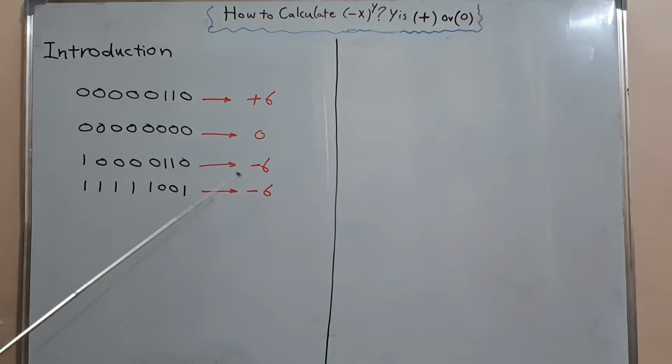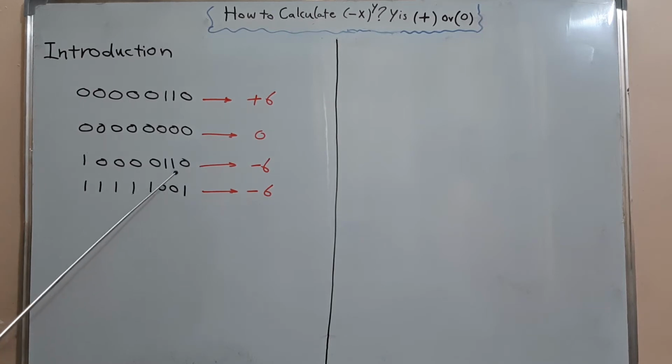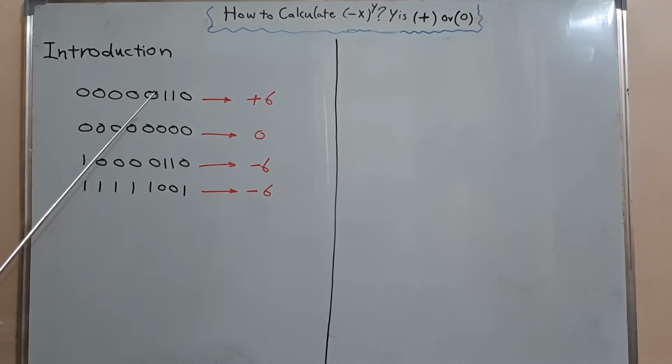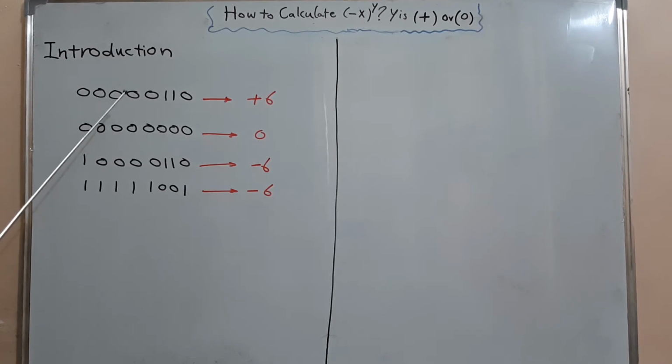But the negative numbers are represented in one of two ways: either by using the same maneuver for the positive numbers and putting the most significant bit equal to 1, or by complementing the similar positive number and converting each 0 to 1 and each 1 to 0, as this. In our experiment, we will use this method.